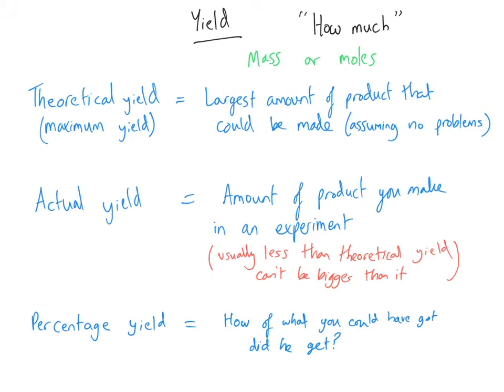And that can be things like human errors that you can anticipate, or equipment errors, or specific errors for the experiment, like the reaction didn't fully finish, or there were some side reactions, or the reaction was reversible. You need to be mindful of the circumstances around an experiment and know which one to choose.